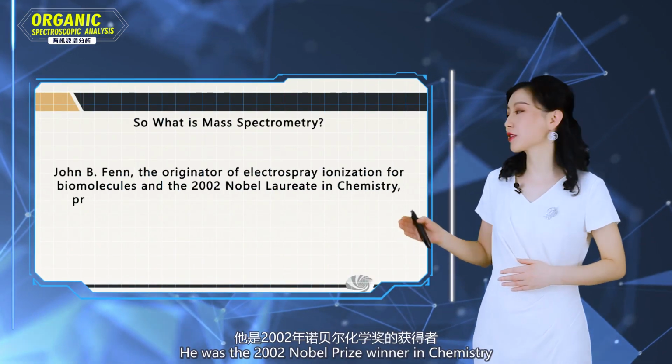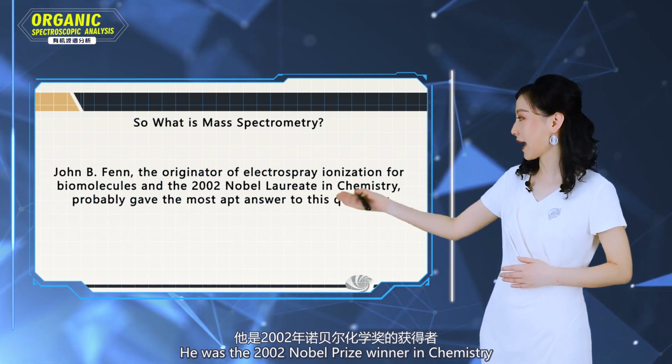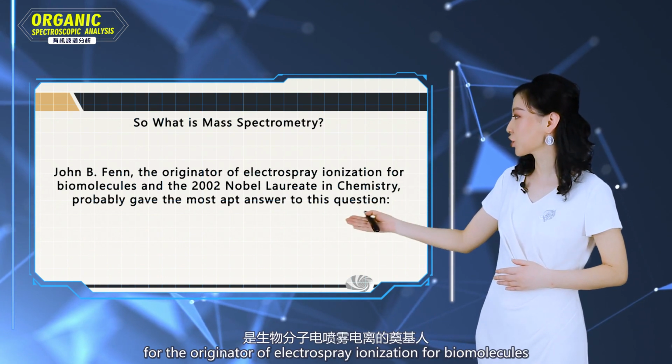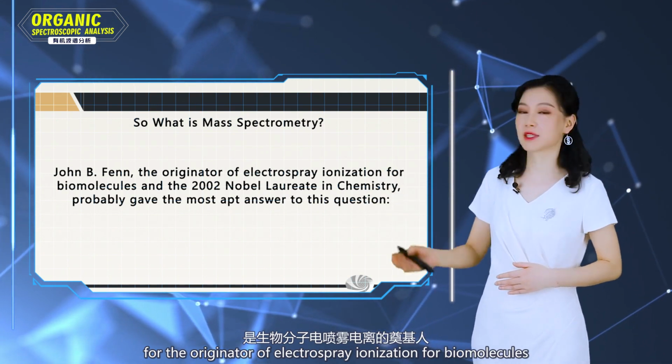He was the 2002 Nobel Prize winner in chemistry for the originator of electrospray ionization for biomolecules. The mass spectrometer, in a very real sense, can be considered as just the latest development of this gravimetric balance.